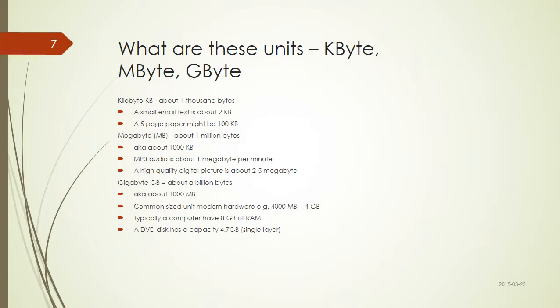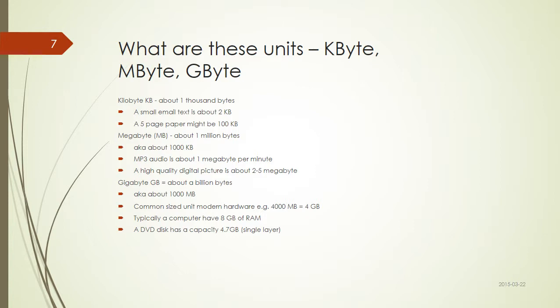So you're really looking at megabits per second for links that use a lot of audio data and for high quality pictures. A gigabyte is a billion bytes, which is 1,000 megabytes. A good example of gigabytes, as you would have come across, is the RAM in your computer.